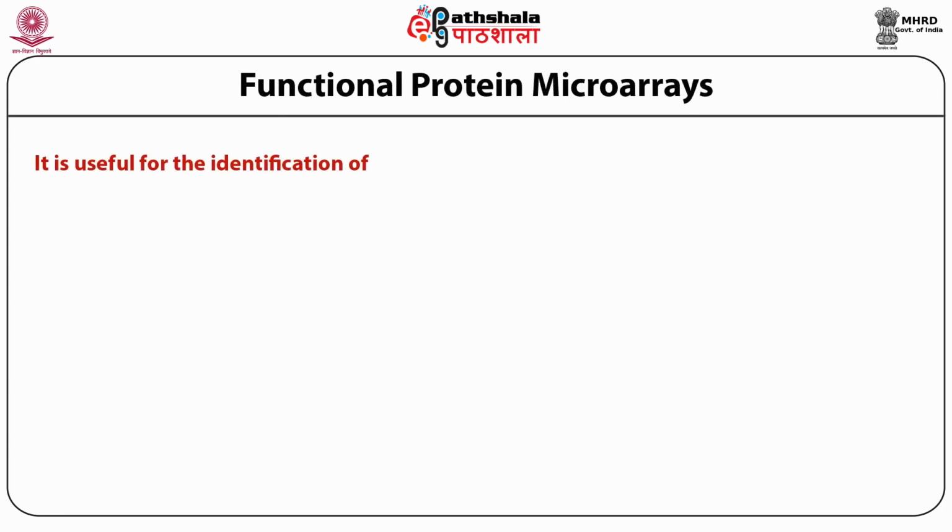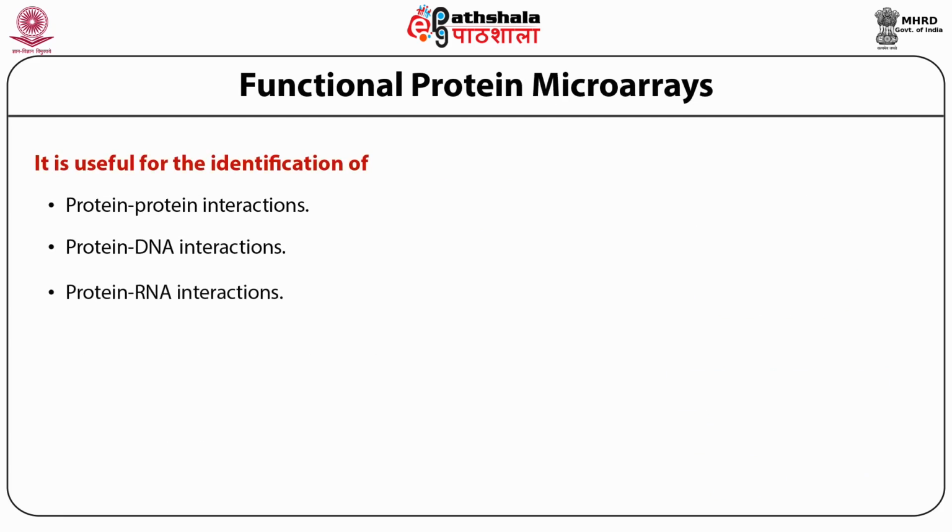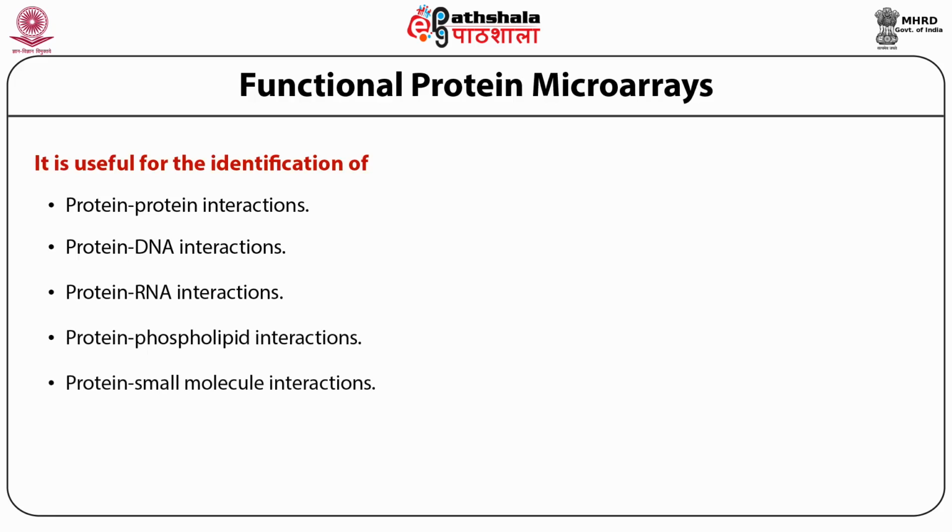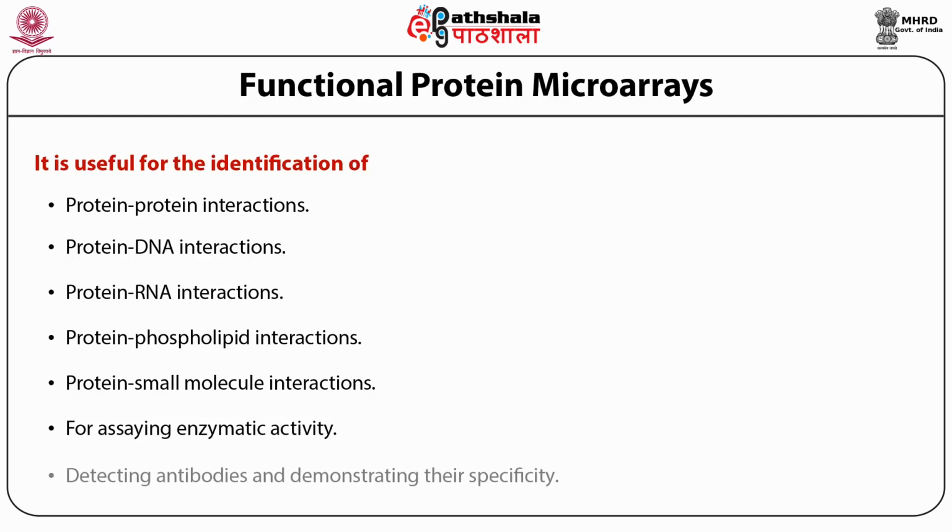It is useful for the identification of protein-protein interactions, protein-DNA interactions, protein-RNA interactions, protein-phospholipid interactions, protein-small molecule interactions, for assaying enzymatic activity, and finally for detecting antibodies and demonstrating their specificity.